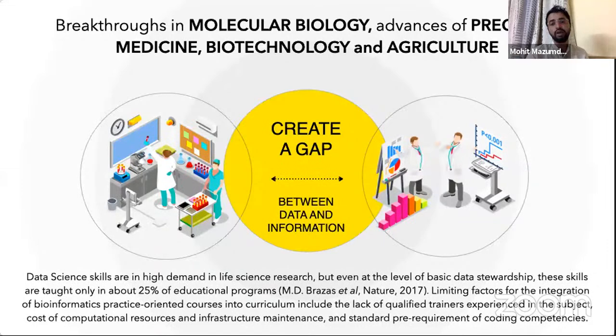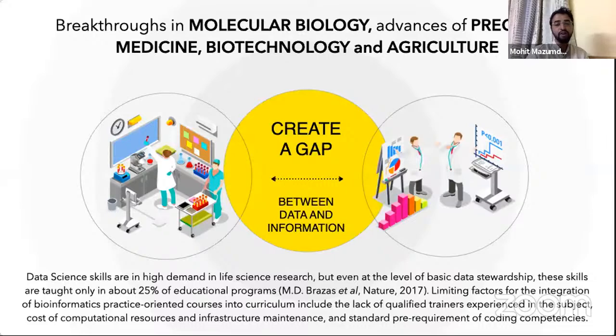We have high quality data now, but we need experts to understand and make sense of that data. Those expertise and skill sets are lacking, and because of this, there's a gap between data and information in the field of computational biology and bioinformatics.